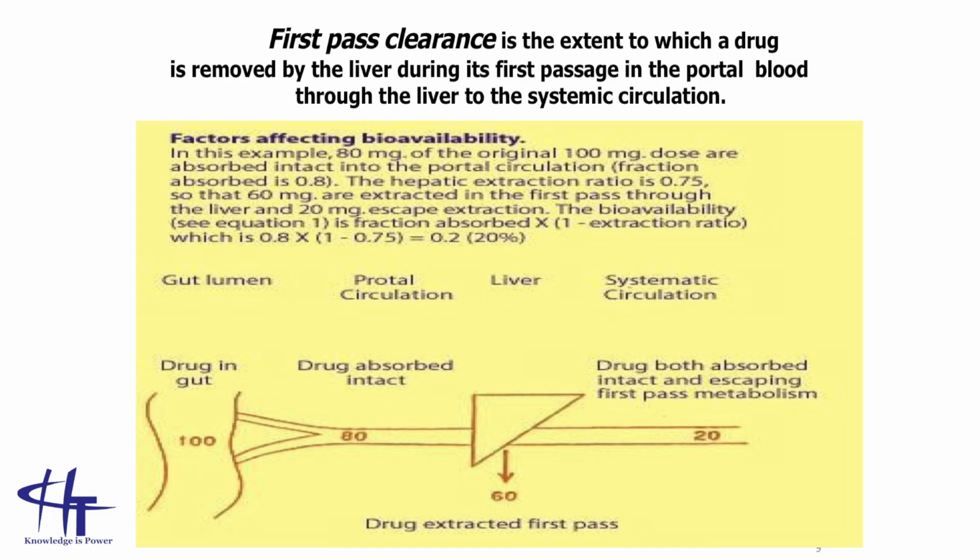And as you can see, in this example, originally 100 milligrams of a dose was given, but 80 milligrams were absorbed into the bloodstream. Once the 80 milligrams were absorbed, we know that the liver has what we call the hepatic extraction ratio of 0.5.